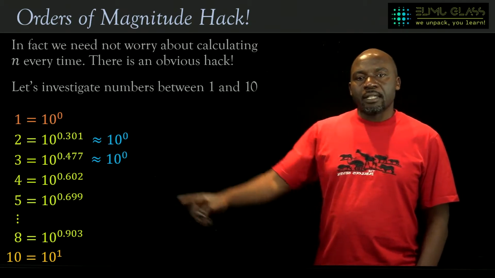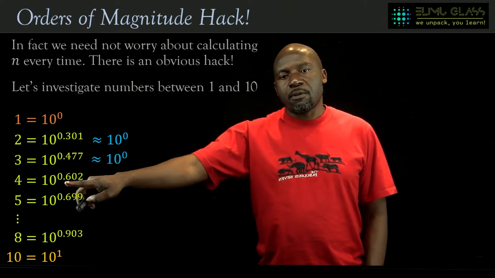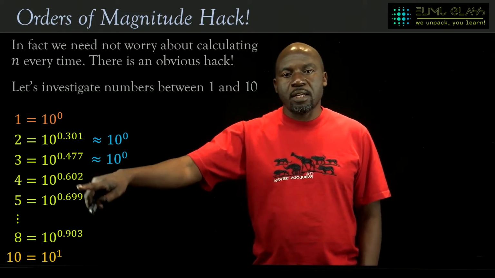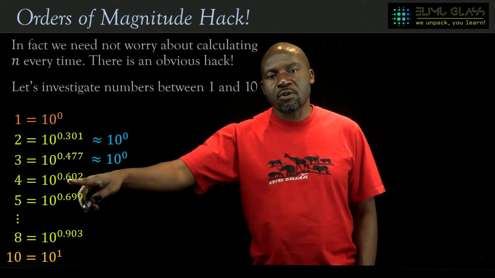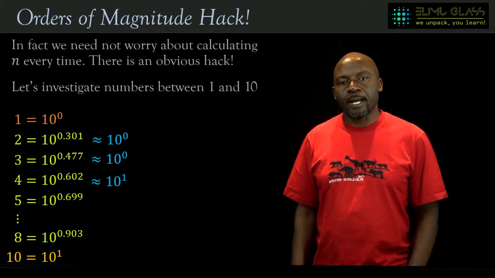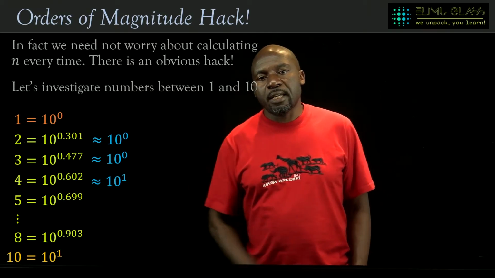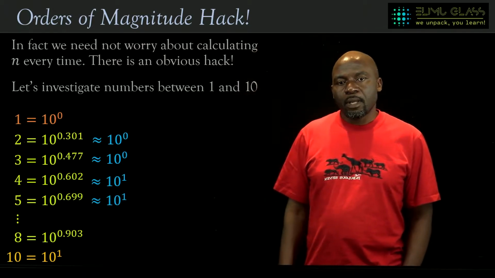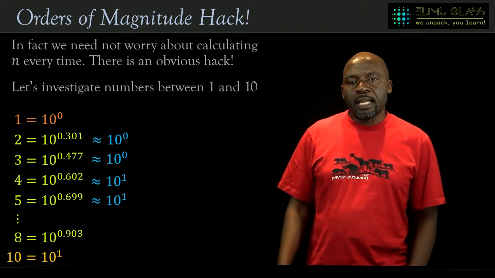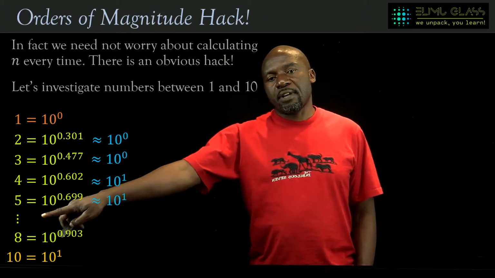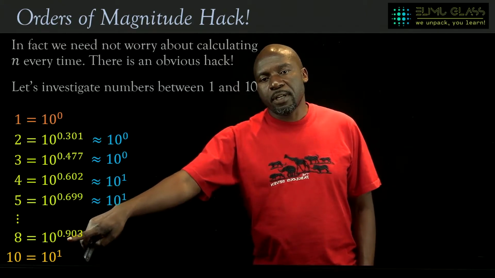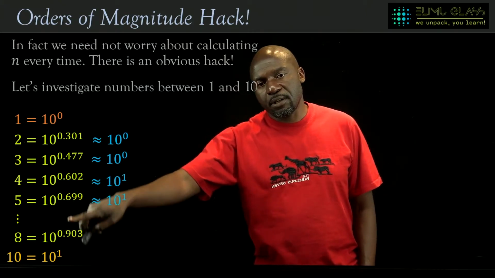Okay, but 10 to the power of 0.6 is now closer to 1 than it is closer to 0, so this one rounds up to 10 to the power of 1. Similarly, 5 will round up to 10 to the power of 1. Okay, and 6, 7, and 8 is also 0.9, so clearly the power is increasing.